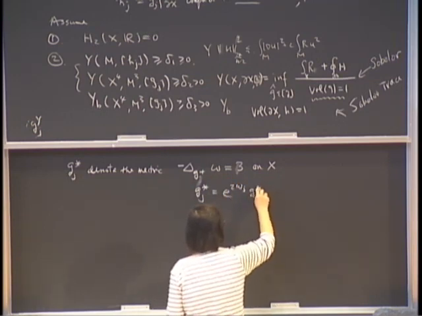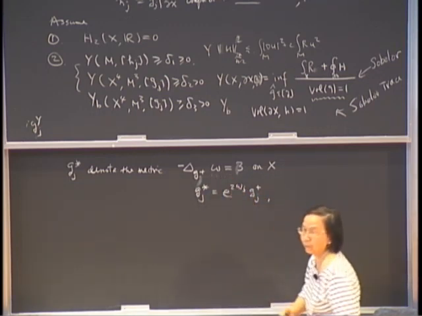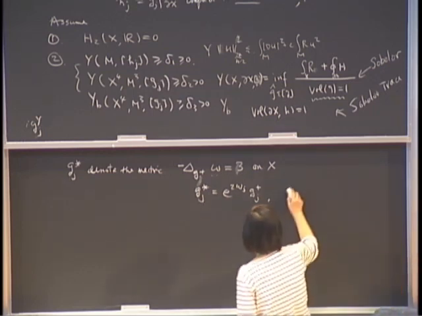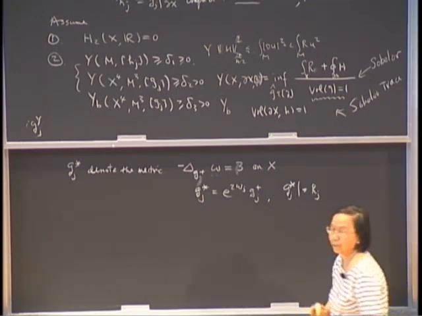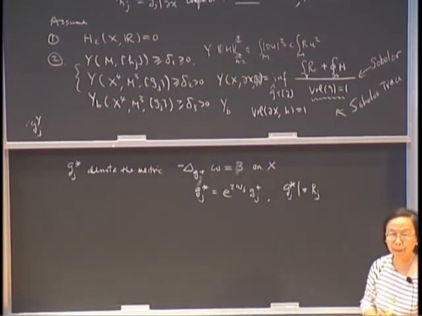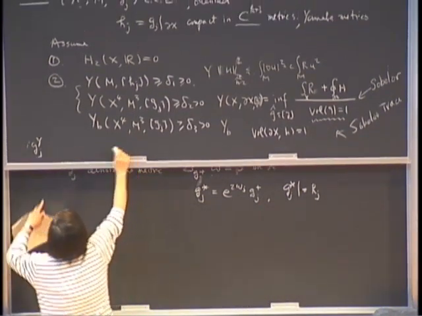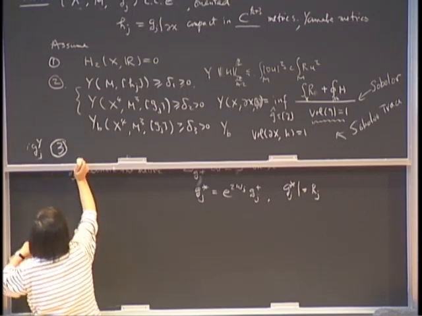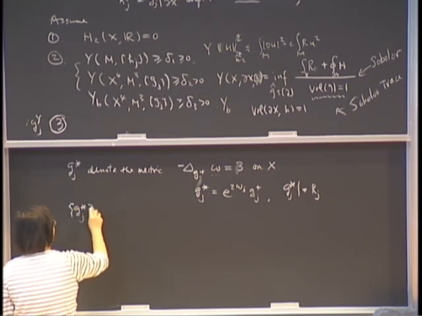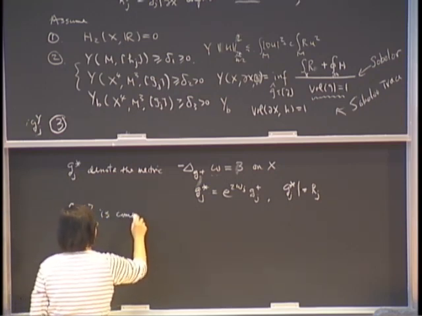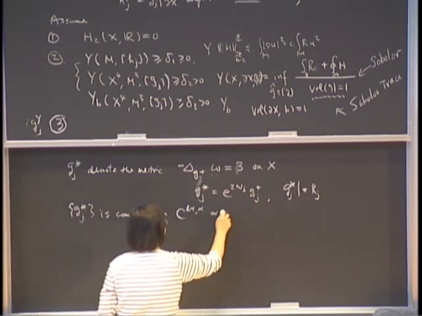And I can choose to solve this boundary value problem such that this Gj star restricted to the boundary is my Hj. This is solvable because we are in this compact manifold. And then the conclusion we want, so I need a third condition here, which I will explain later. The conclusion is Gj star is compact in C^(k-1,alpha) for some alpha less than 1.